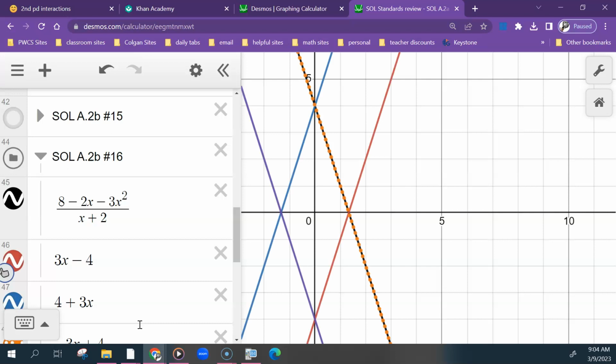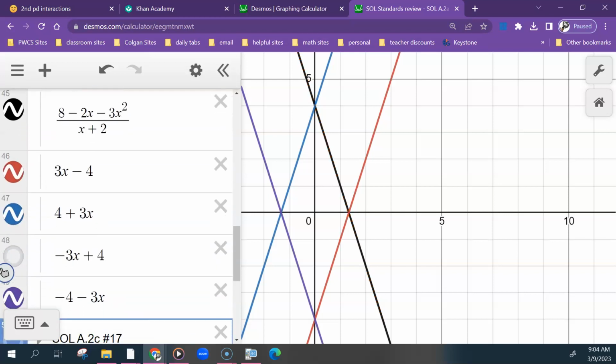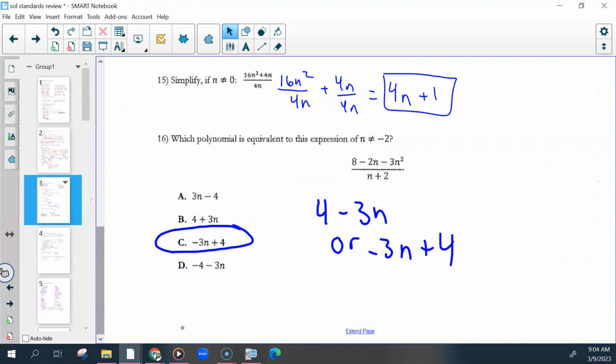Because it gave you options, whichever line overlaps the one that the original is on would be your answer. The black would be the original, and the orange is that. Questions on 2B?